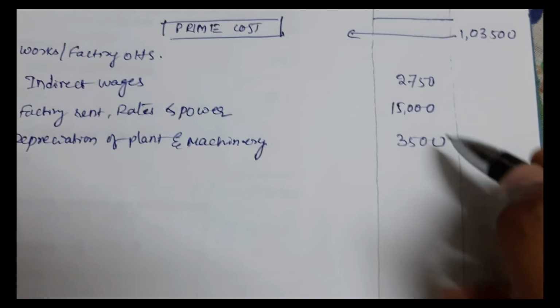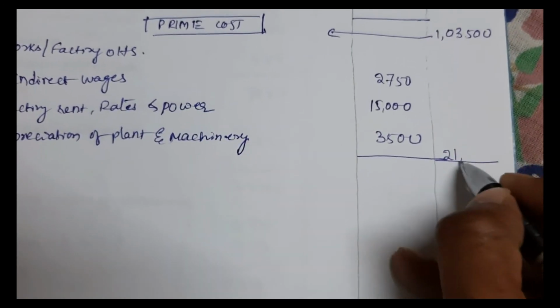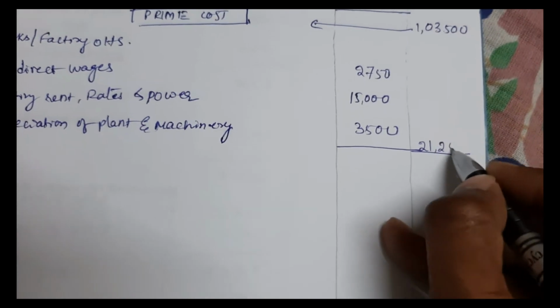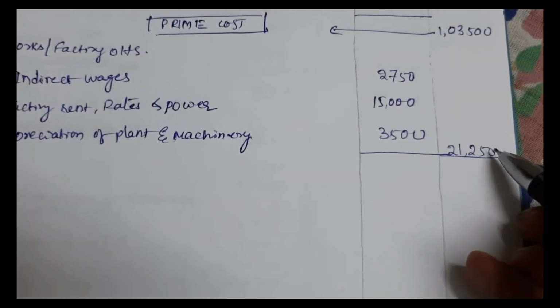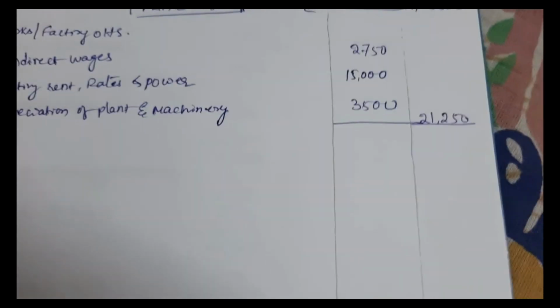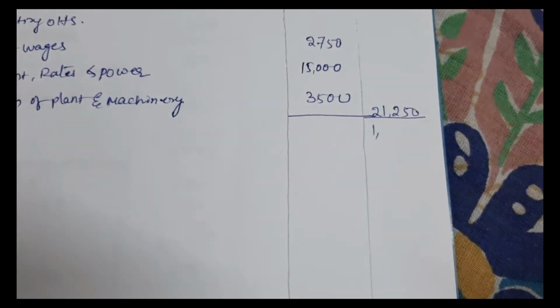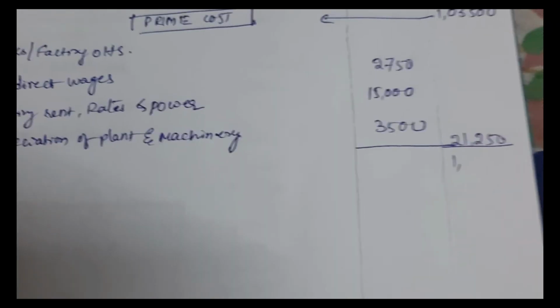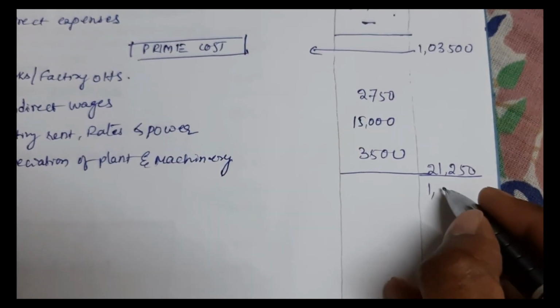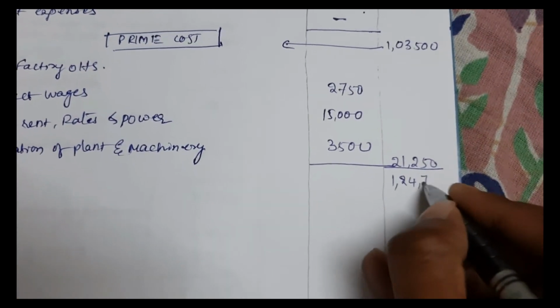If we add these three together, we will get 21,250. Add all these factory overheads to the prime cost, so it will become 1,24,750.